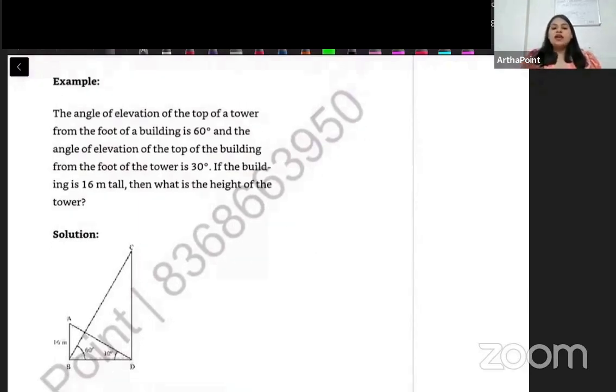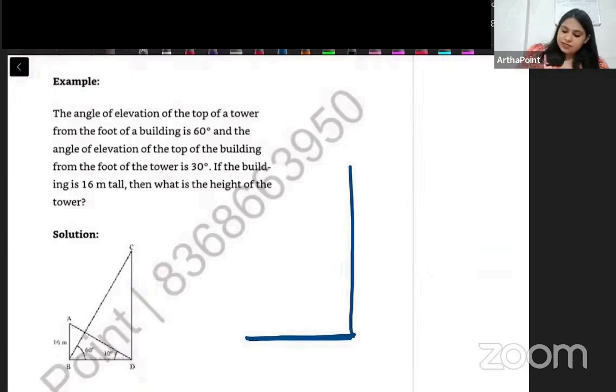The angle of elevation of the top of a tower from the foot of a building is 60 degrees. So this is the foot of the building. This is the building. This is 60 degrees.